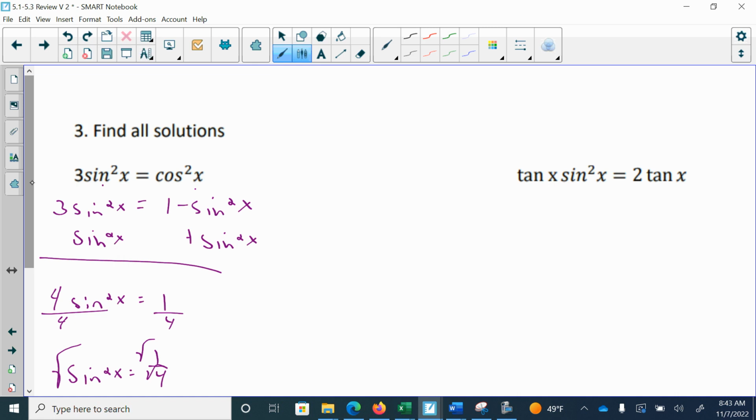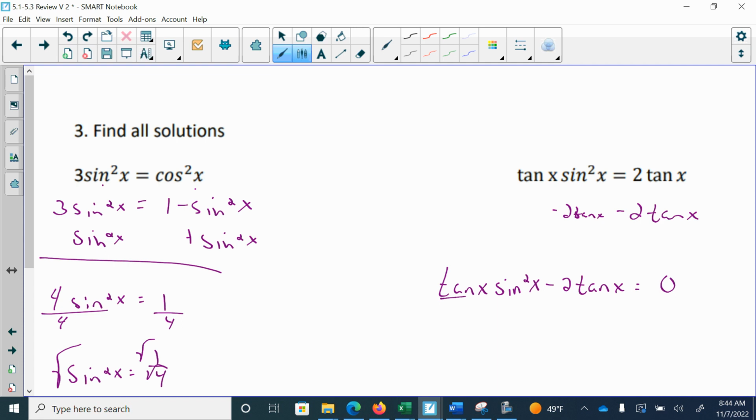So I am going to set it equal to 0, because I don't know what else to do. So I'm going to subtract 2 tangent x from both sides. Then I'm going to have tangent of x times sine squared of x minus 2 tangent of x, because they're not like terms, I can't combine them, is equal to 0.